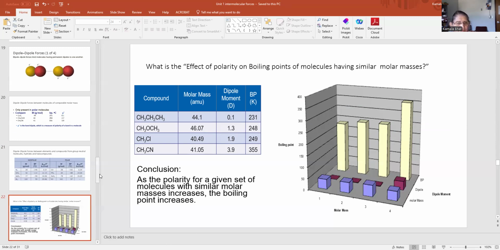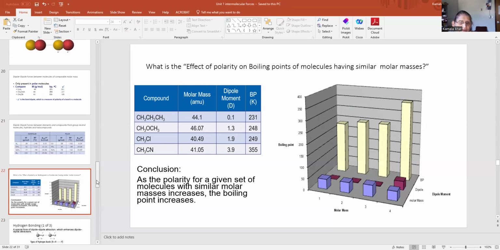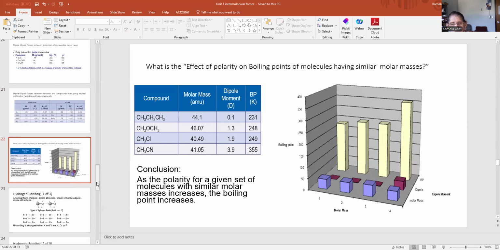So generally, if you want to find out the effect on the boiling point, look at the molecule to check whether there is a dipole moment on the molecule, and then you can describe it as having a higher boiling point.